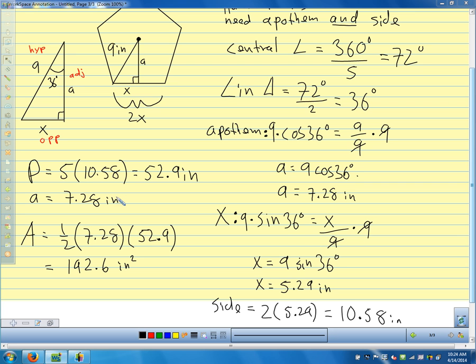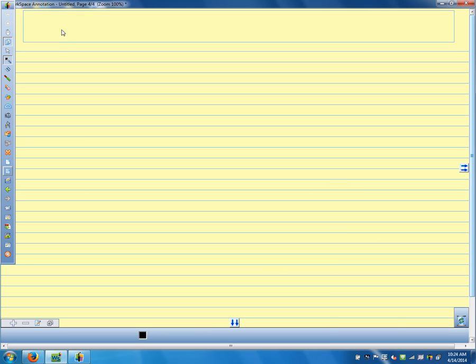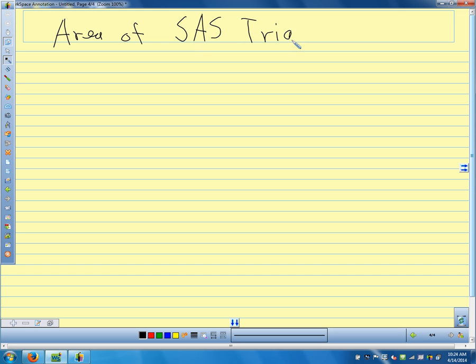All right, last thing for this section. Area of side angle side triangles. If we have a side angle side triangle, we can use trigonometry very, very nicely to find the area.